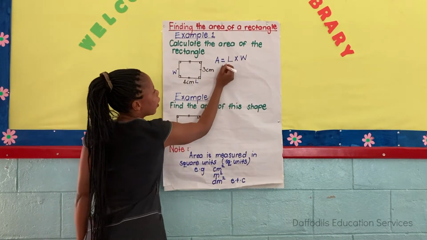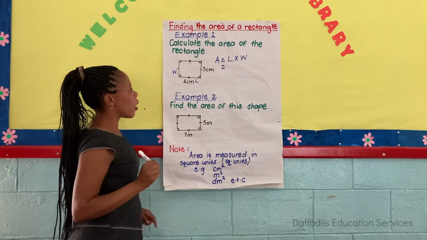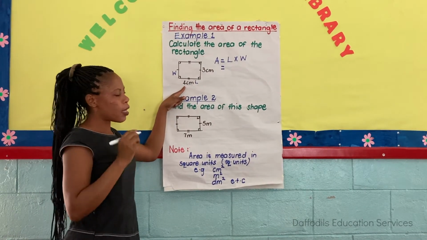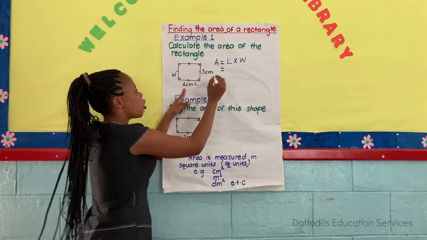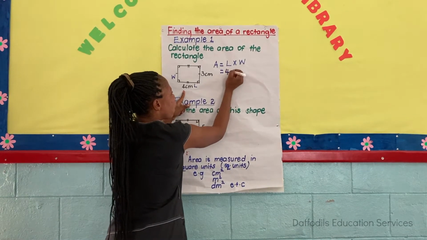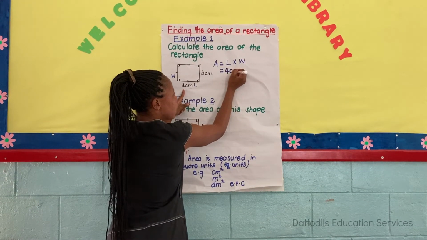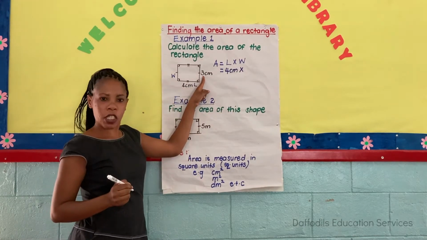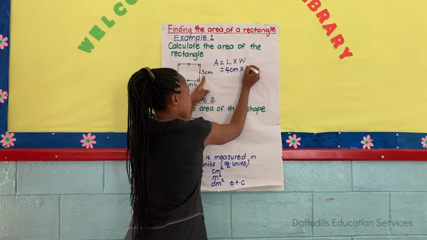Now, when we come to this, we look at the longer side on our shape. In this case, the longer side is the one with 4 centimeters. So we write 4 with the units of centimeters. Then times the width, which is 3 centimeters.